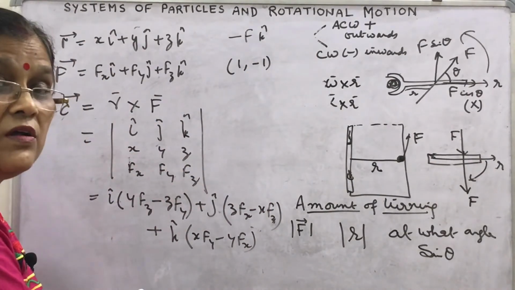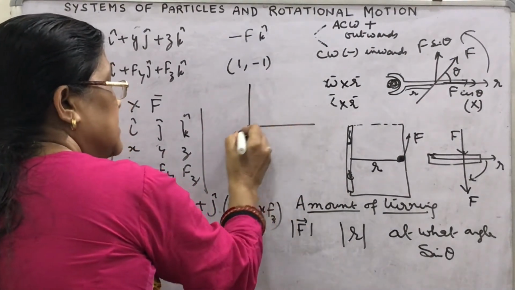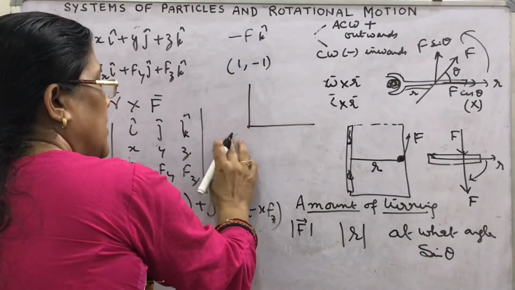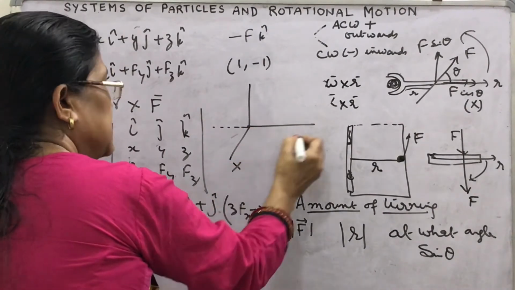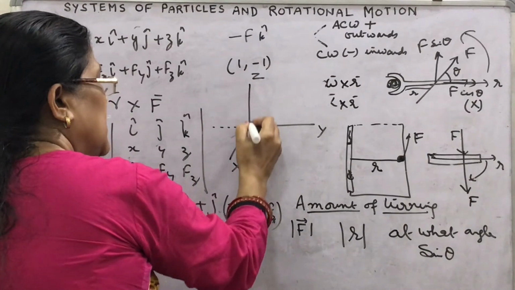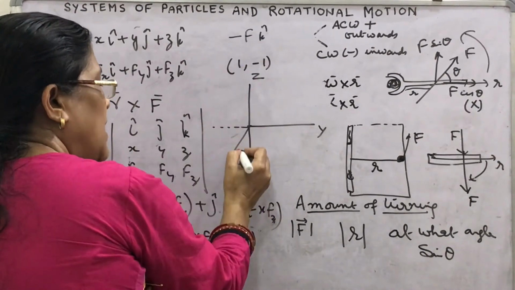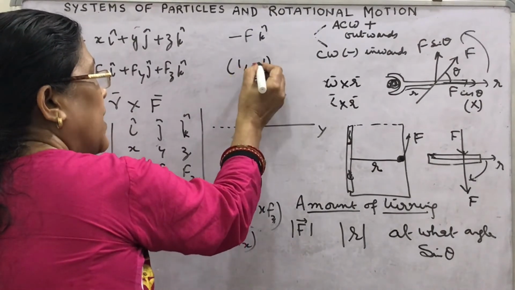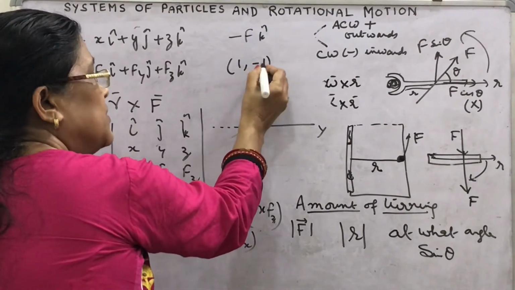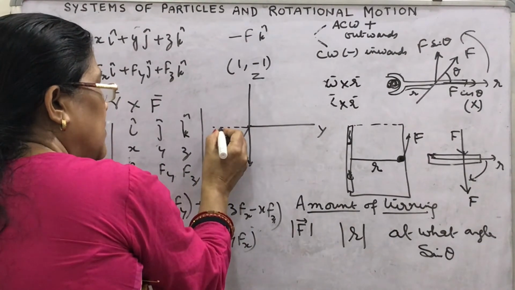How will you solve? You draw the axis like this. Suppose this is x, this is y, this is z, then the force is along this axis, minus F k, and what will be (1, -1)? Look here, x is positive, y is minus 1, so the point will be somewhere here.